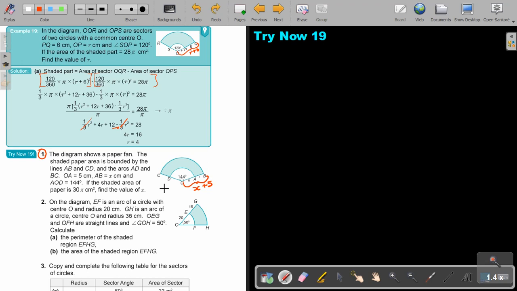So again, I'm starting by saying the shaded part, which is that green, is equal to the area of this big one, OBC, minus the smaller one, OAD.